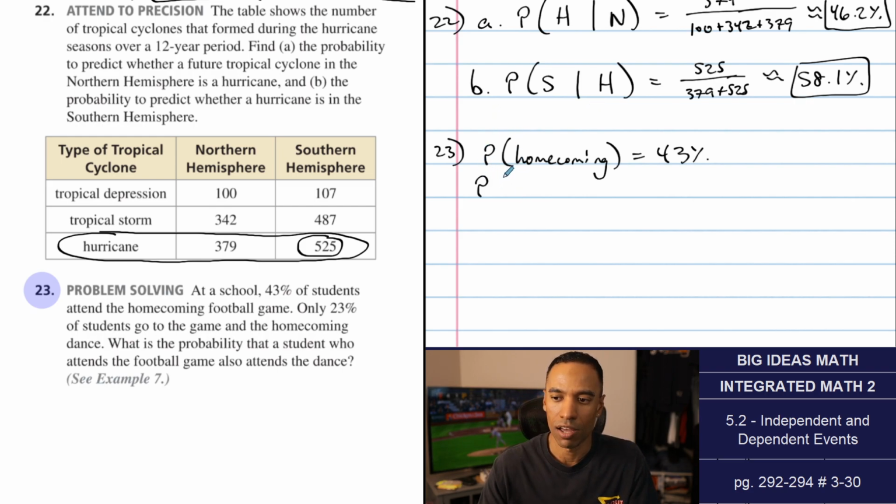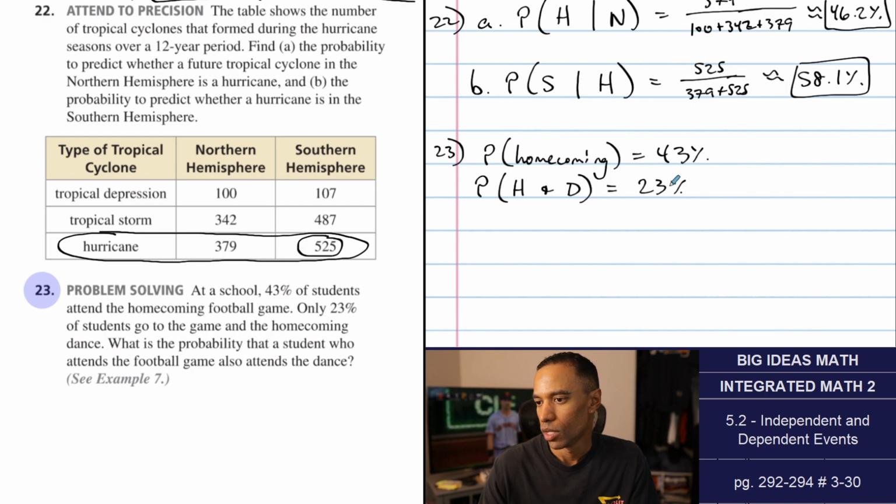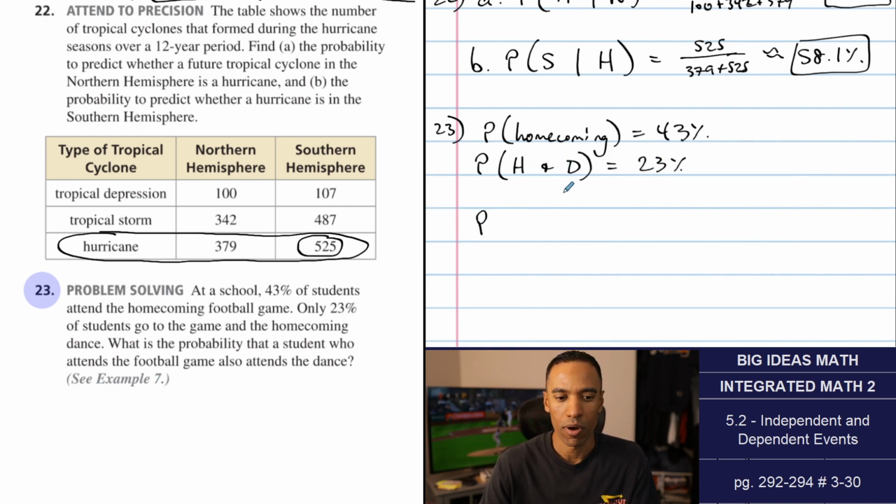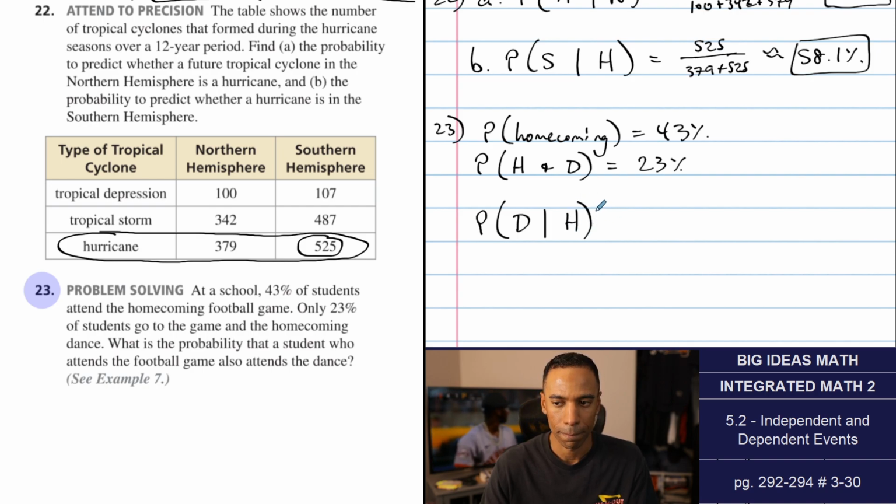So the probability of homecoming and dance is 23%. What's the probability that a student who attends the football game also attends the dance? We need the probability that you attended the dance given that you attended the homecoming game.